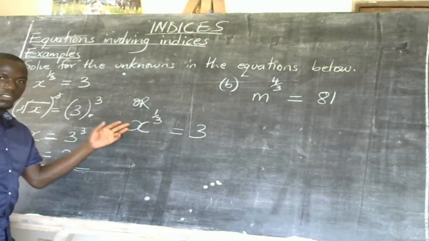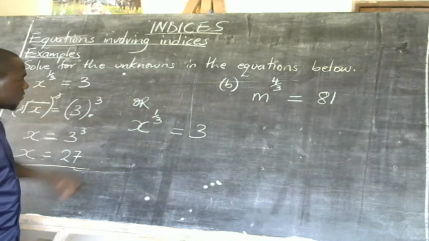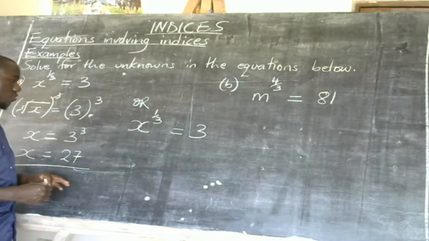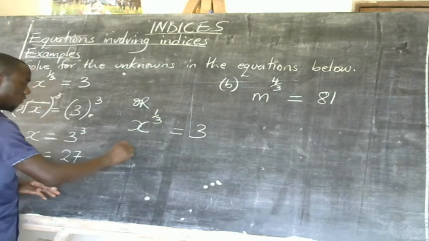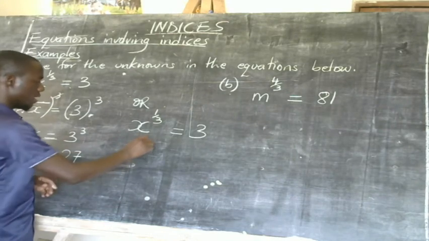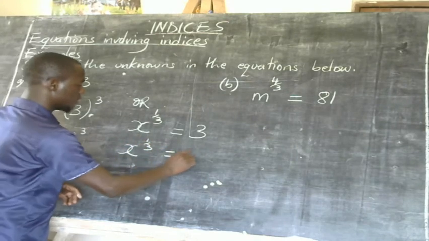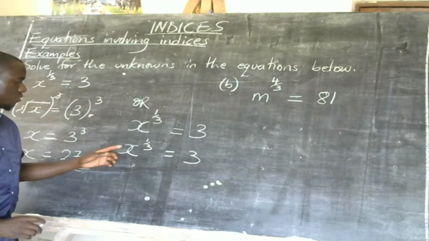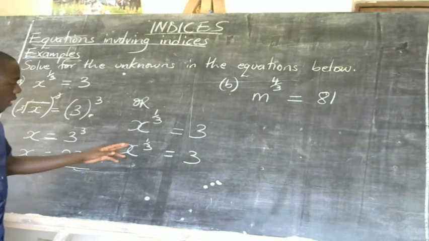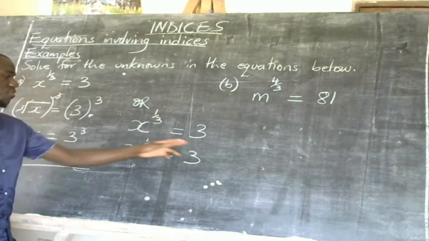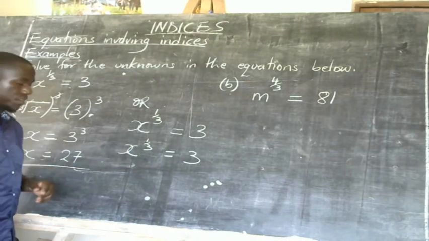Alternatively, even if you don't convert that index form to the cube root, if you want to eliminate that power a third, you need to raise the powers of either side of the equation to 3.